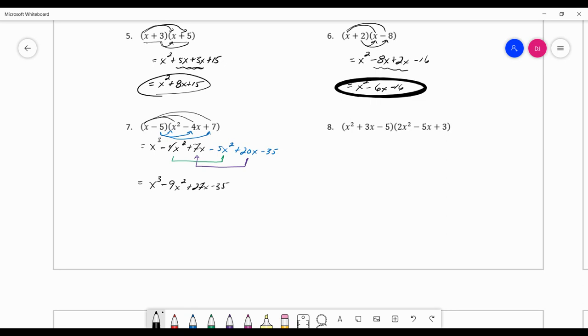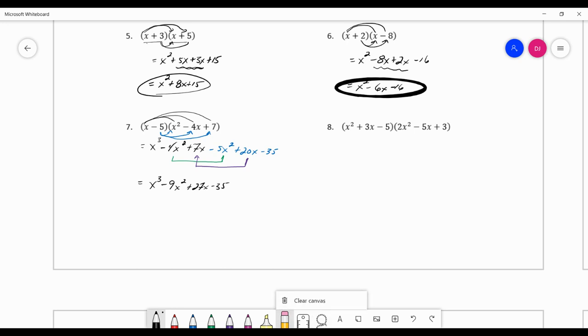And this method works, okay? But look at number 8, where I have these 3 terms. I'm going to have a longer line of terms where I'm looking for like terms. And it's going to be a little harder to match.